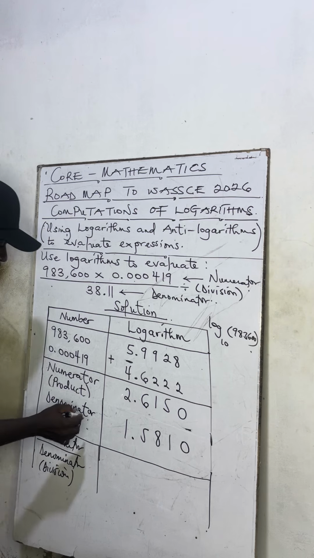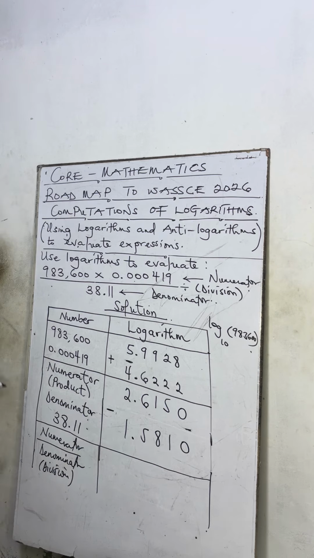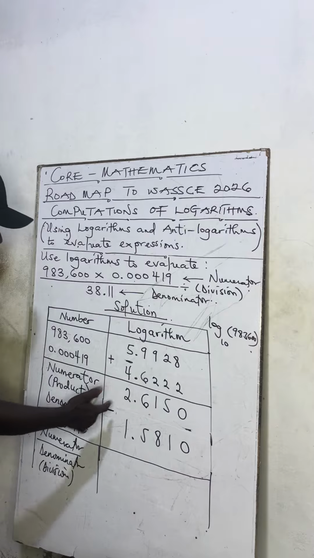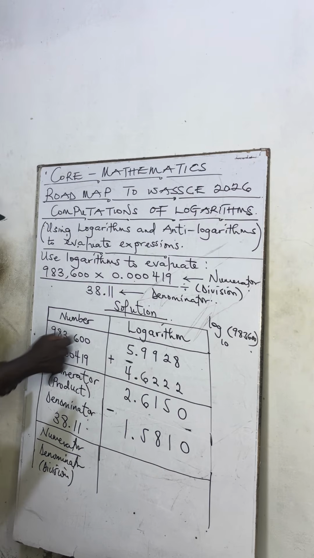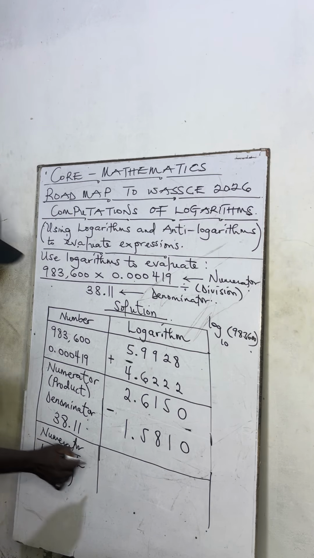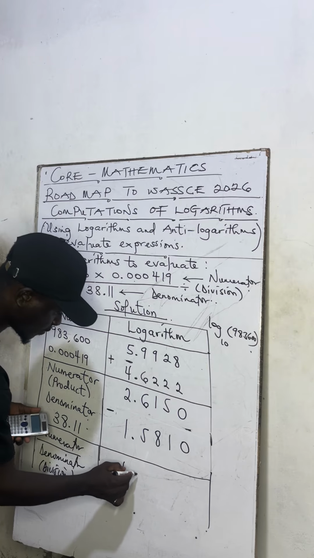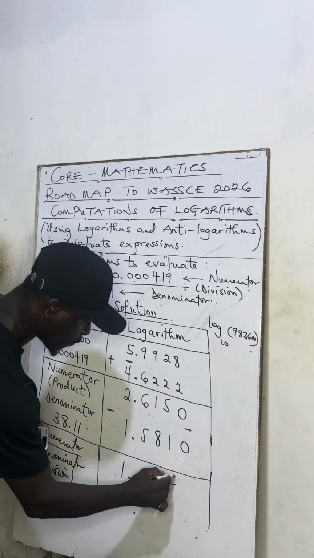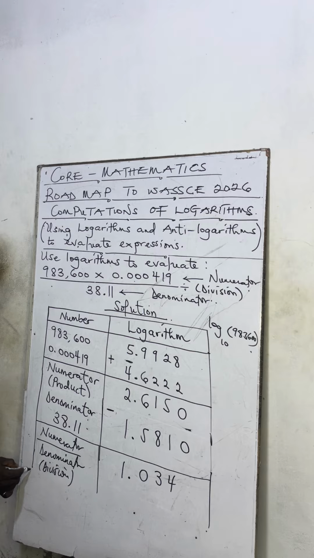So we subtract. By subtracting, here we don't have any negative, positive. So we can just punch it on the calculator. 2.6150 minus 1.5810, and we'll get 1.034.